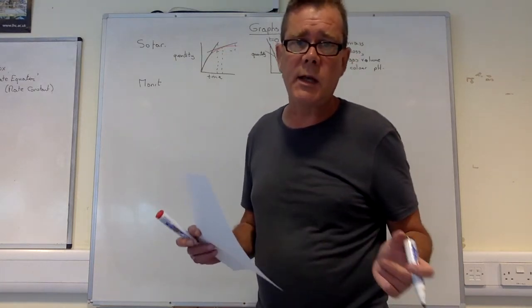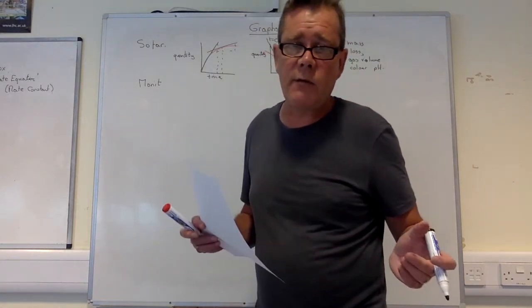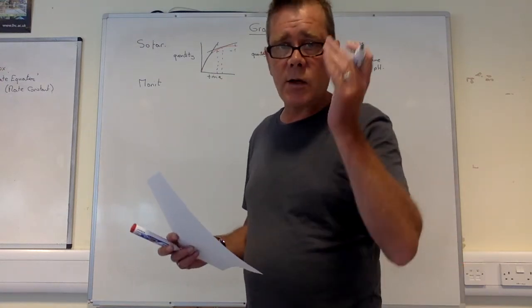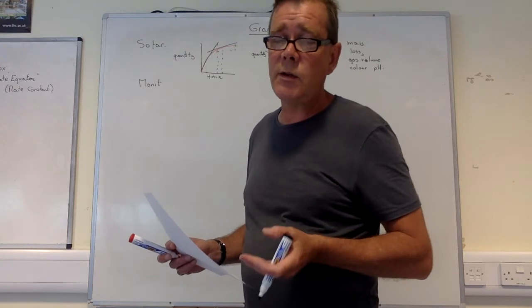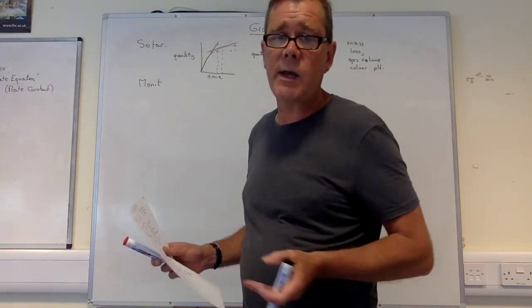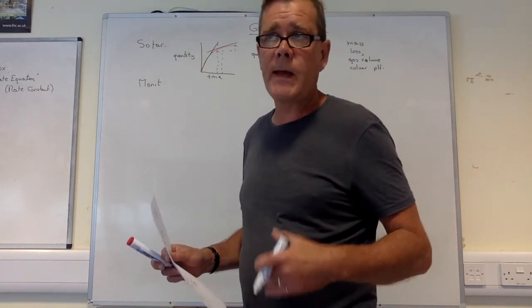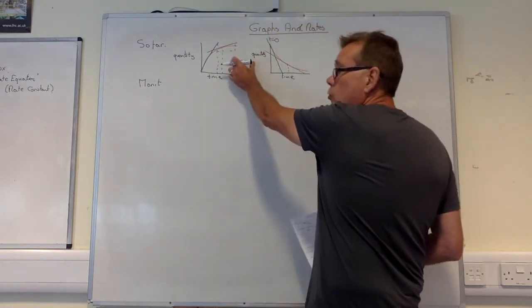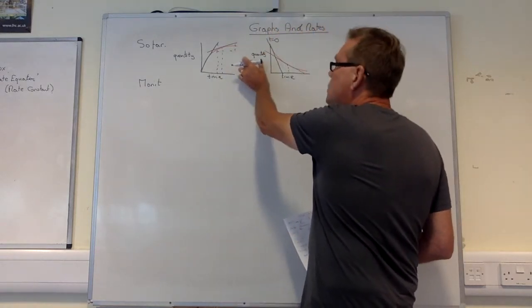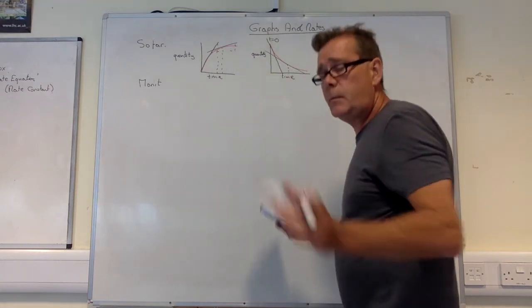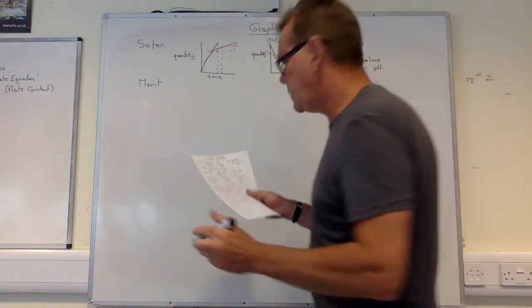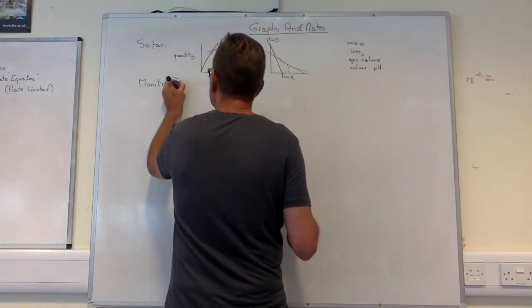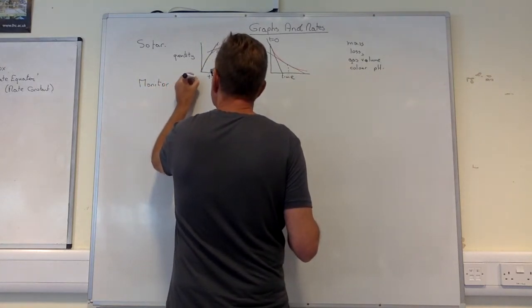This is a bit tricky to get your head around, but it's actually straightforward. You can produce a set of graphs which specifically look at how the concentration of a reactant within the rate equation changes as the reaction proceeds. You can work these out from other measurable quantities with a bit of maths, but I'm skipping over that because I want to get to the meat of it. So what we're saying is monitor the concentration of a reactant.